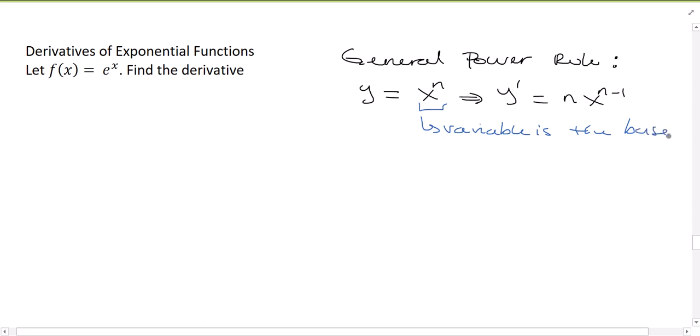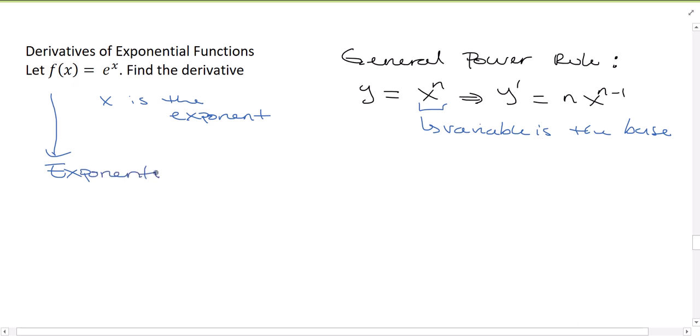For an exponential, like e to the x, our variable is the exponent. So those are two very different things. Here our variable is in the exponent. For the general power rule, our variable x is the base. So this is an exponential function.